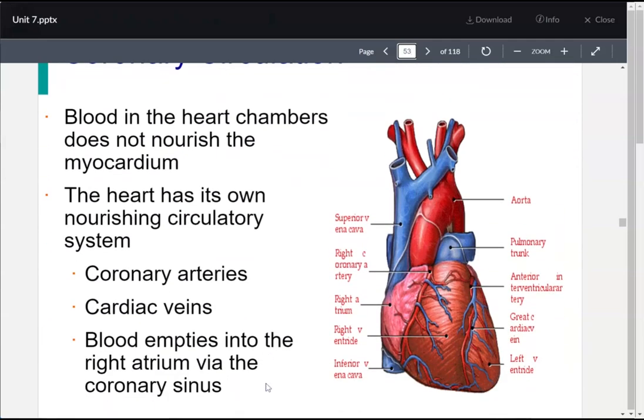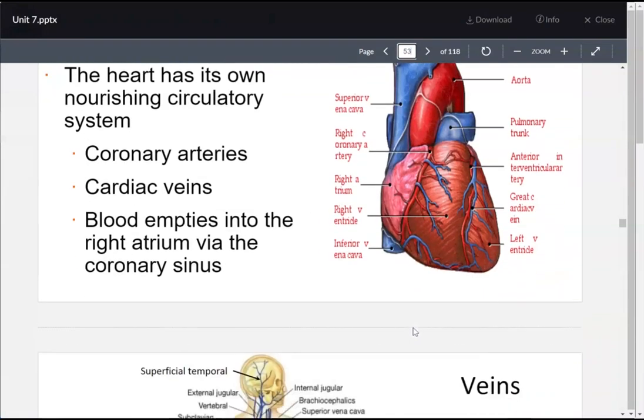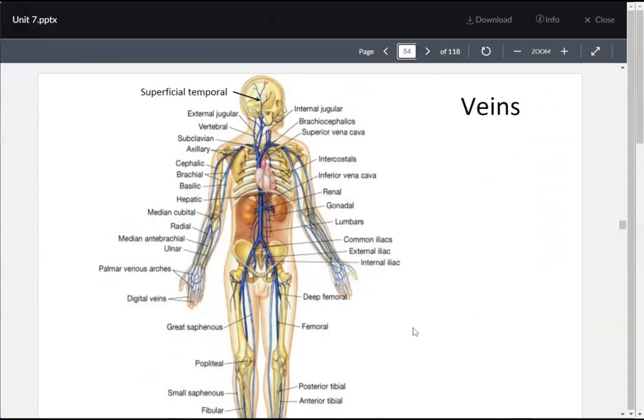Again, I mentioned a couple of those PowerPoint slides are going to appear several times. Here is one of the reappearances, just re-showing the coronary circulation. And then we have a major diagram of the veins, and you'll notice that the terms are pretty similar.